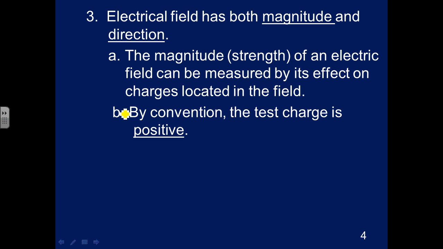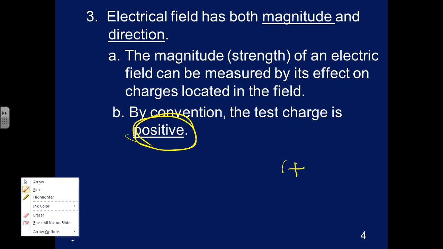And we use a positive test charge to see what effect the force field has. So what this means is that if I have a positive charge here, well, let's say that I have, let's do this.